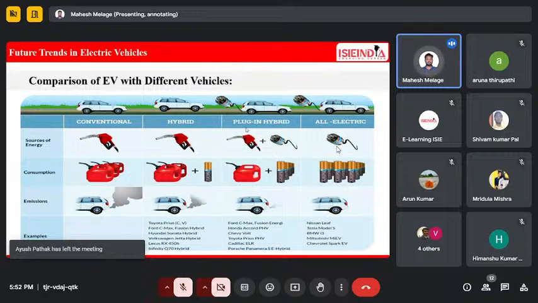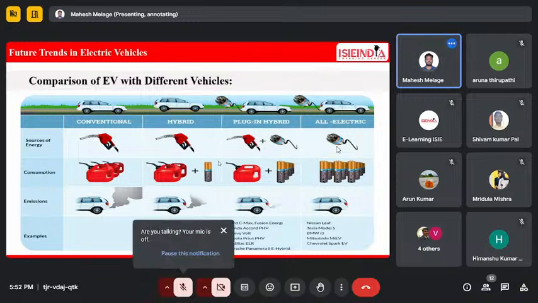Okay, next one is the plug-in hybrid electric vehicle. In the plug-in hybrid electric vehicle we use two sources of energy. First one is the fuel and second one is the charger. The fuel runs the IC engine and the charger is used to charge the battery. And the last one is the all electric. All electric means the vehicle runs only on electrical supply.